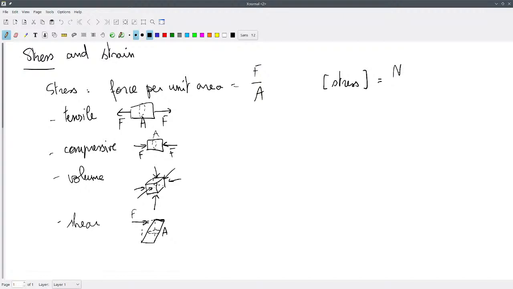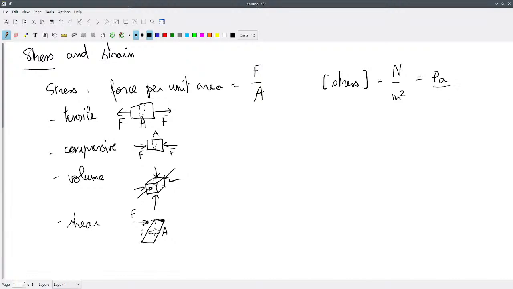So the units will be newtons per meter squared, or that's a unit that we also call the Pascal. So Pa for Pascal, the name of the French mathematician who I guess is now associated with that.